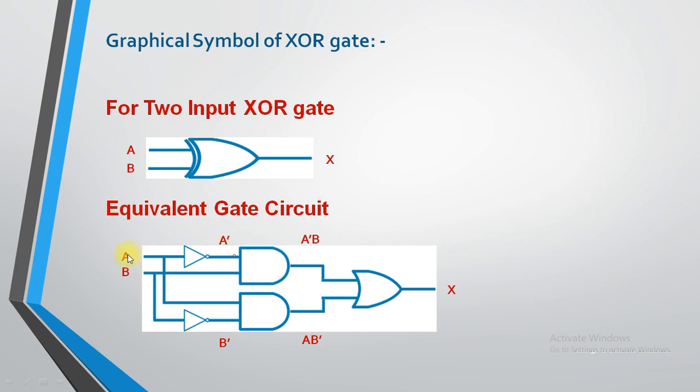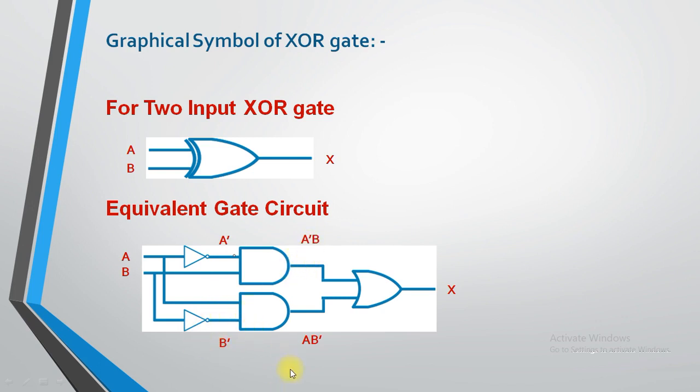Over here it will pass the value of A, but I have placed a NOT gate in between. So A dash will be passed into this AND gate. Similarly, the second input is B, I need to pass. So when it produces output, A dash B is there over here.